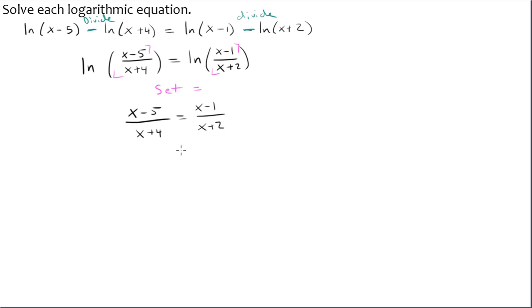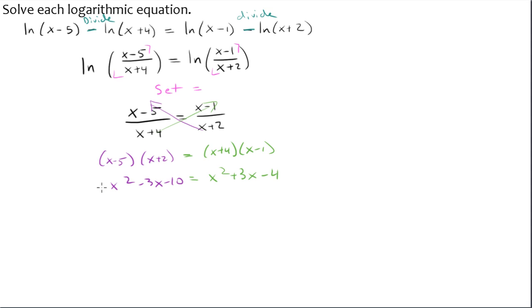I have a proportion, so I'm going to solve by cross multiplying. So this is x minus 5 times x plus 2, x squared minus 3x minus 10, and that's equal to x plus 4 times x minus 1, which is x squared plus 3x minus 4.